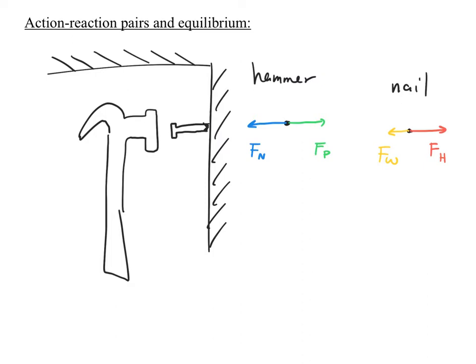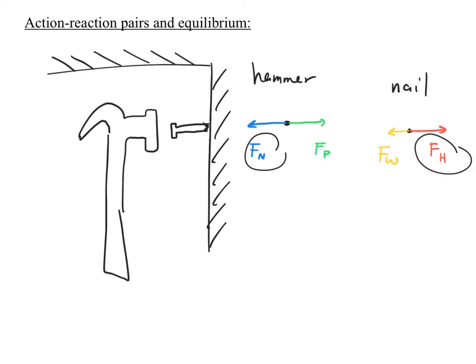So again, Fn and FH are the action-reaction pair here. Everything else going on in this arrangement has to do with external things. The wall, that's an external thing. That's a force applied against you. You holding it, and physically after the hammer strikes the nail, you preventing it from doing this by physically holding it, that's FP.